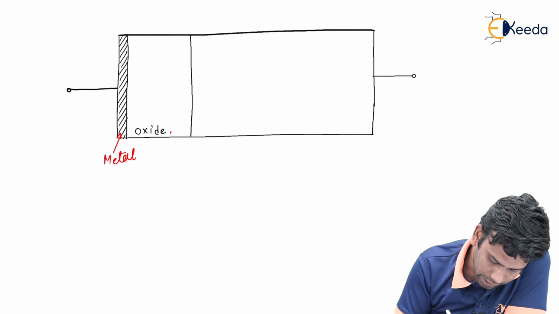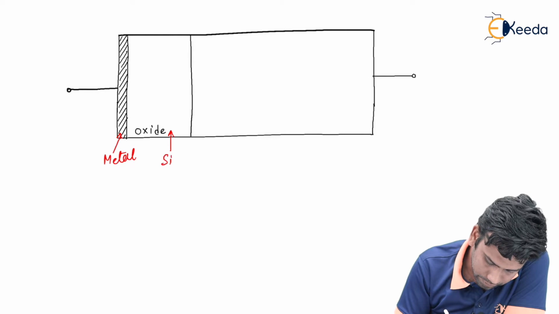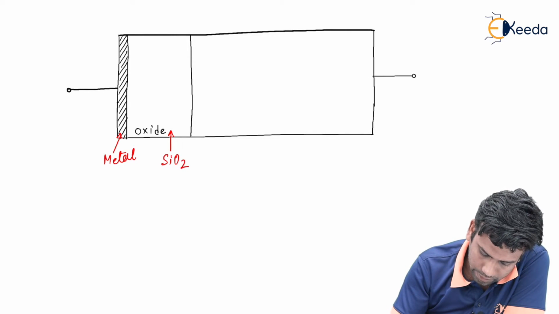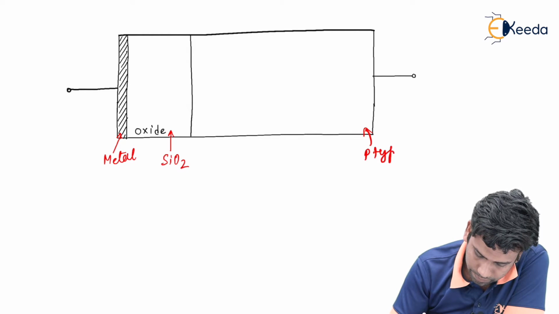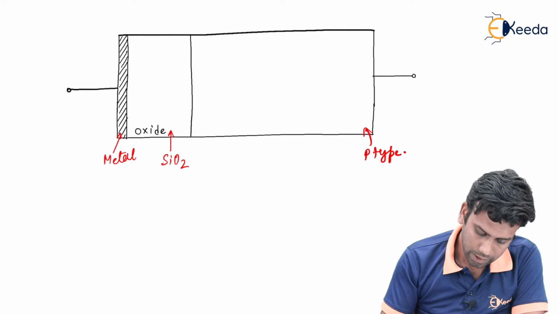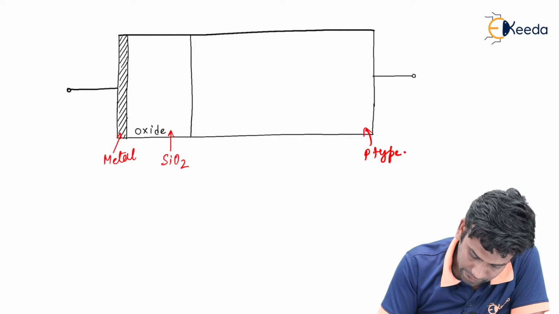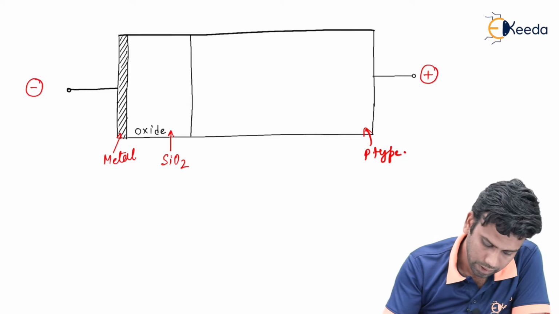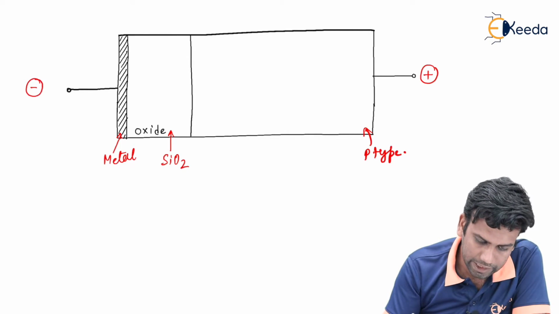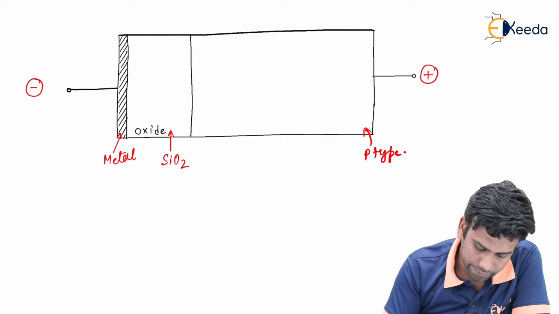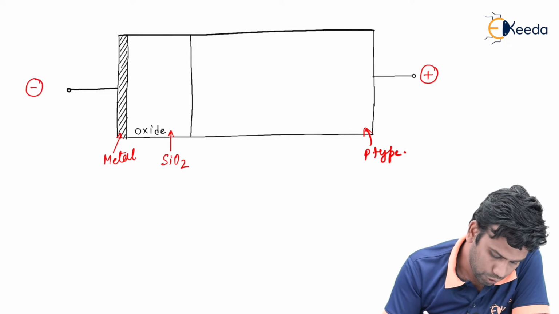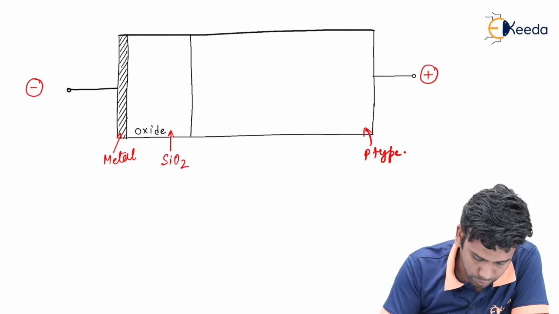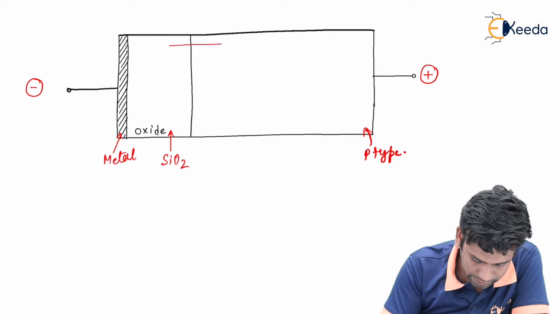So this is the silicon dioxide layer and this is the p-type substrate. Now previously we have given a positive potential here and negative potential here. That's why an electric field will be created from this positive potential to the negative potential through this dielectric material.